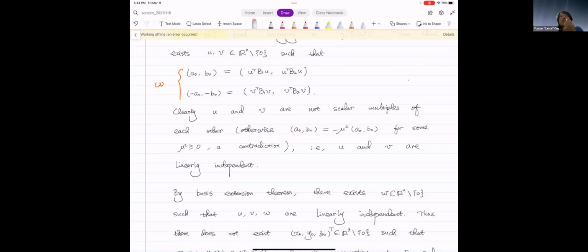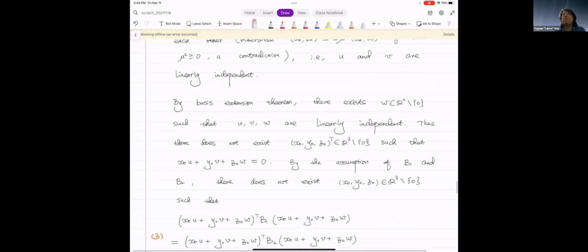So in this 3-dimensional space, if you have 2 linearly independent vectors, you can always do the so-called basis extension to find one more basis vector, such that the 3 u, v, and w are linearly independent. So basically, this is what happens when dimension is greater or equal to 3. You can always do this.